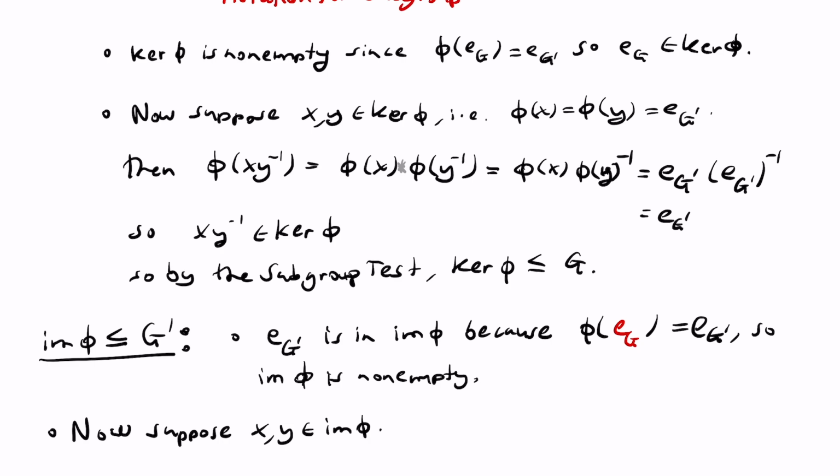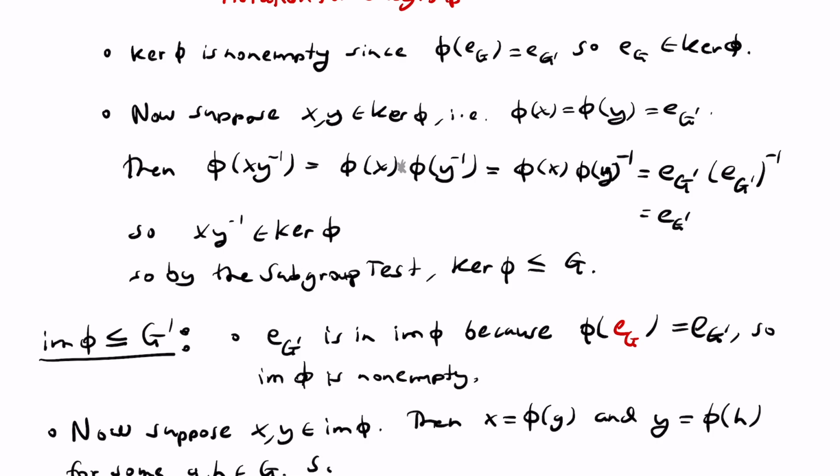Since they're in the image of phi, they're the output of something. So then x is phi of something, and y is phi of something else. So for some values g and h in G. So our hope is that the value xy inverse is also in the image of phi.